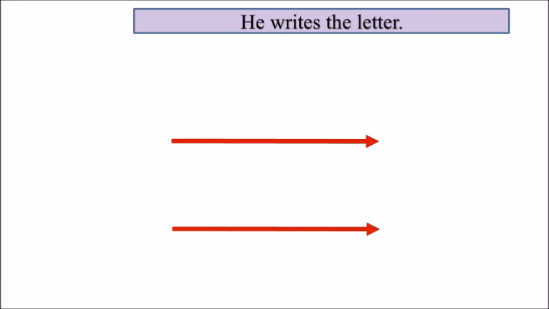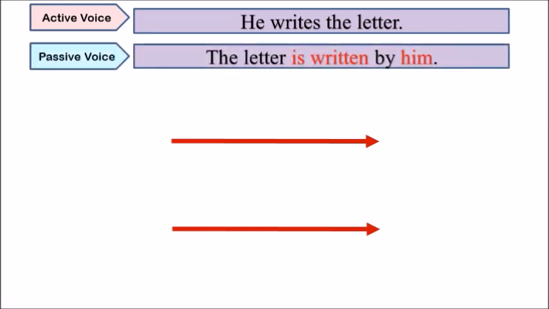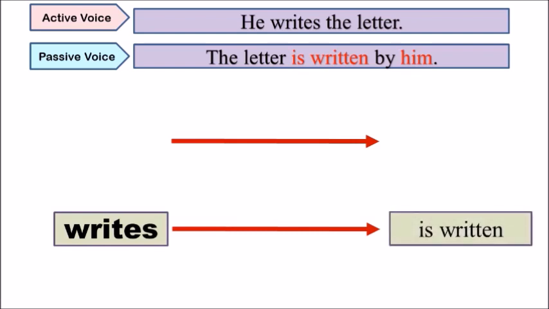Look at this example. He writes the letter. Study the changes that take place when turning a sentence from active voice to passive voice. The letter is written by him. Which words have been changed?